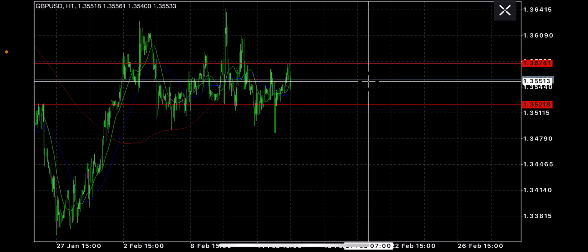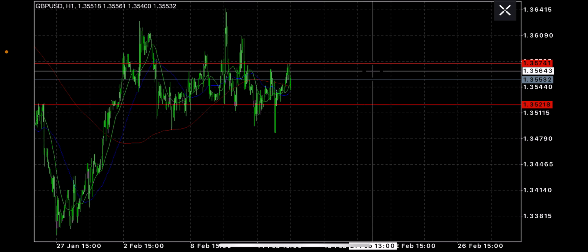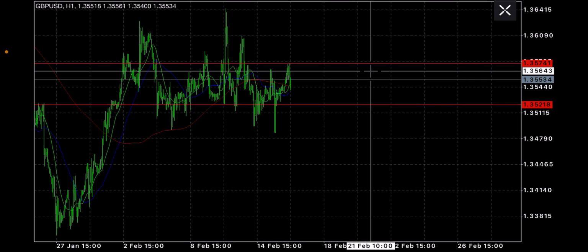Now, the reason why we will stay in this range is that it will happen until the USD becomes much weaker or actually starts to pick up some strength, or if the British pound starts to become weaker than what it is, or actually starts to pick up some strength.